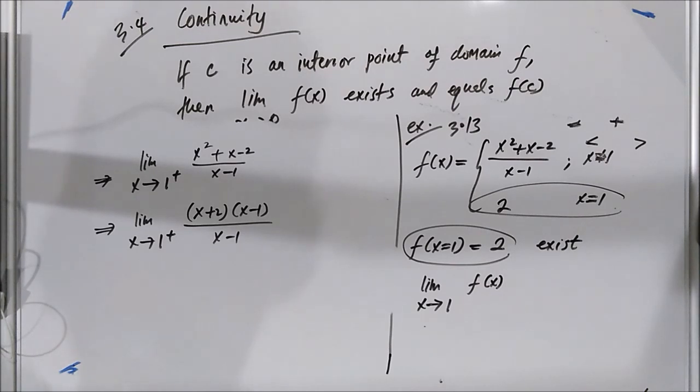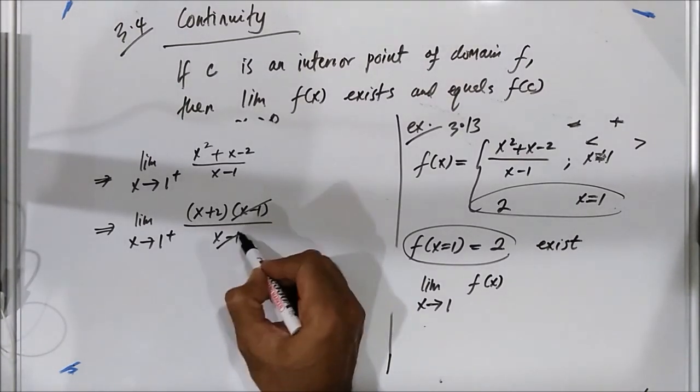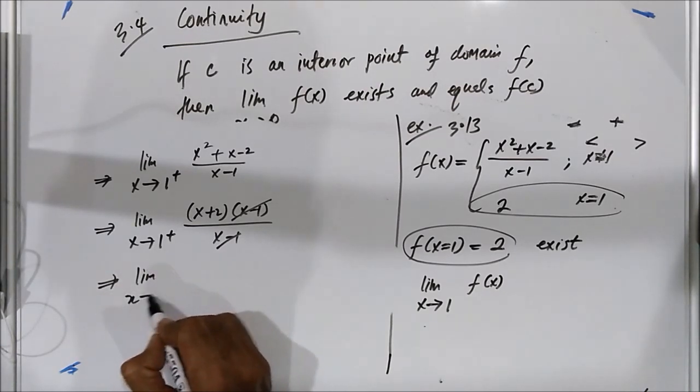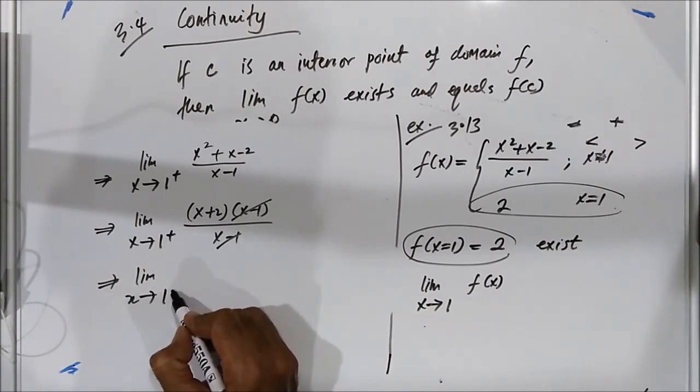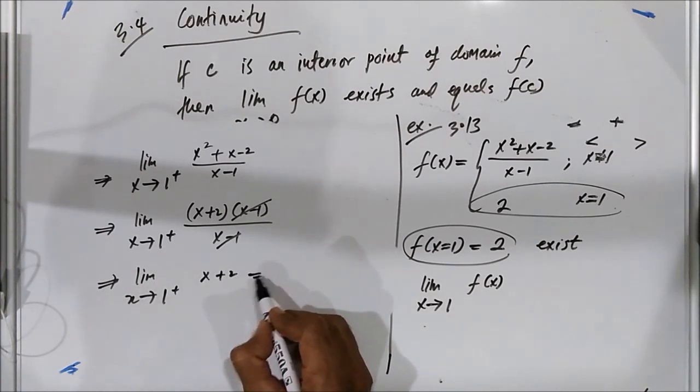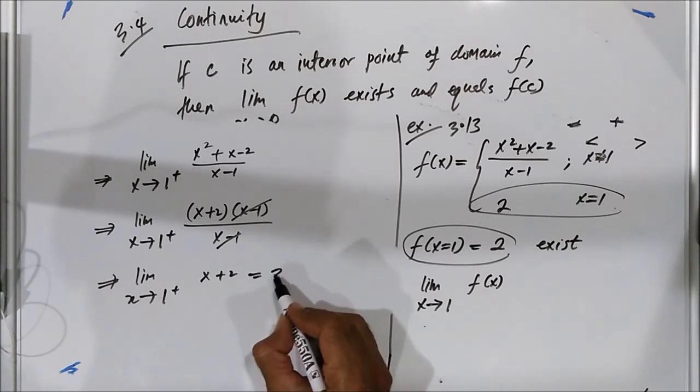So if I solve this one, I can cancel off this part. You can do it this way, this can be cancelled off. I have here the limit of x approaching 1 in the positive direction of x plus 2. So if I substitute 1 here, I will get 3.